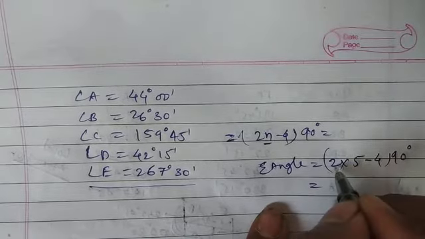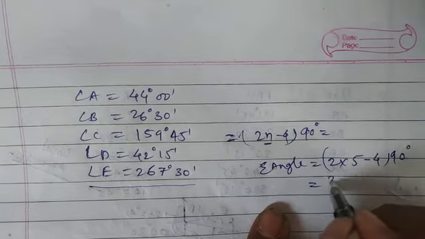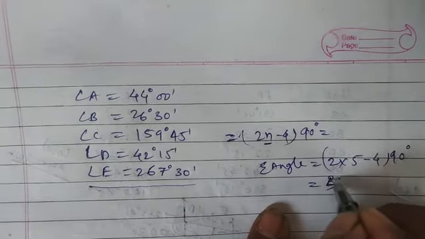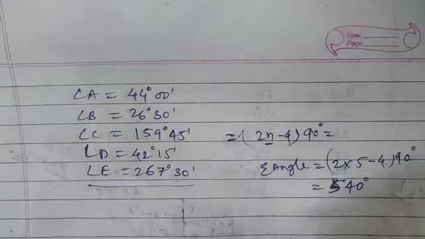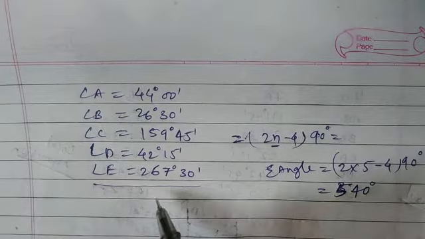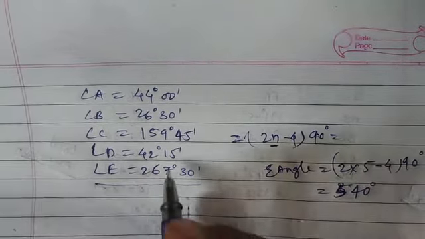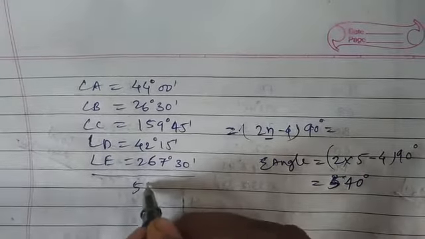So 5 twos are 10, 10 minus 4 will be 6, 6 nines are 54. So it will be 540 degree. The summation of angles should be 540 degree as per the rules. If you add these angles, you will get 540 degree.